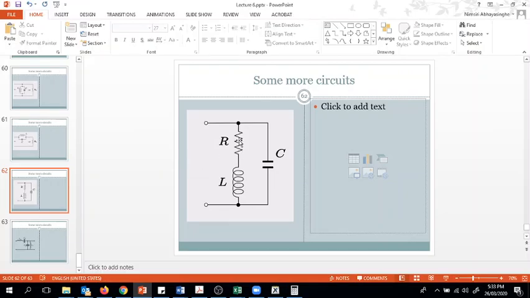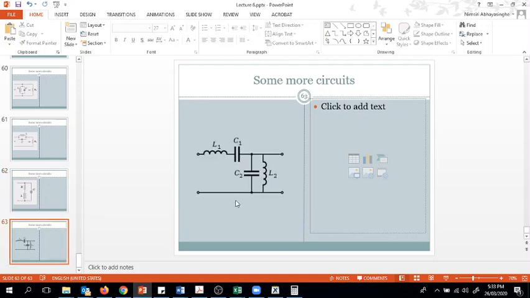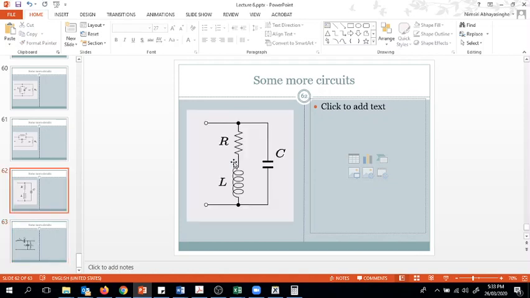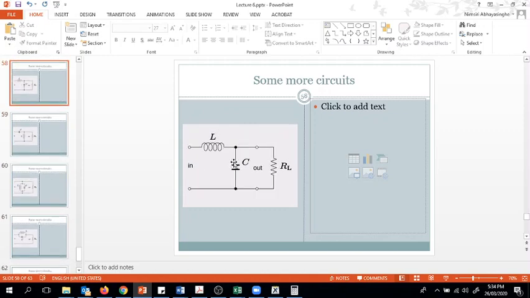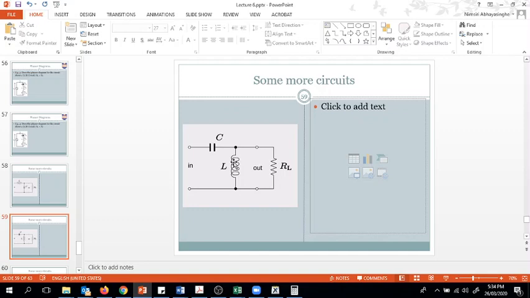Now here you have a series circuit, so you'll have to tackle the series circuit first and then go to the parallel circuit, right? So complete the phasor diagrams for all the other circuits that are here, and upload that as the second quiz.